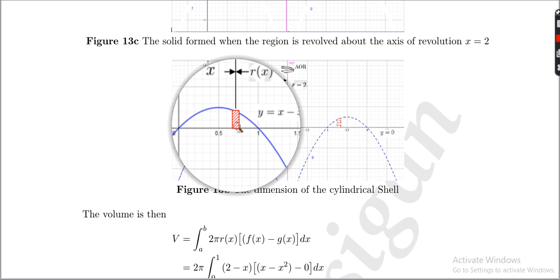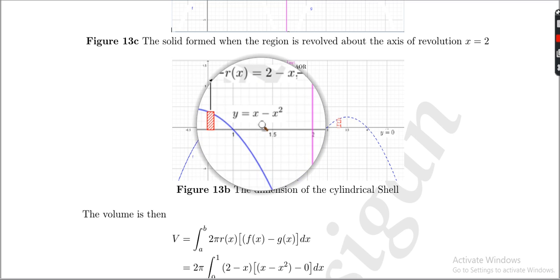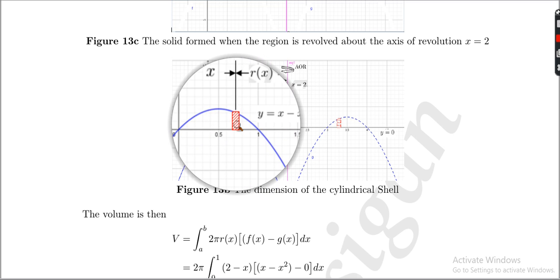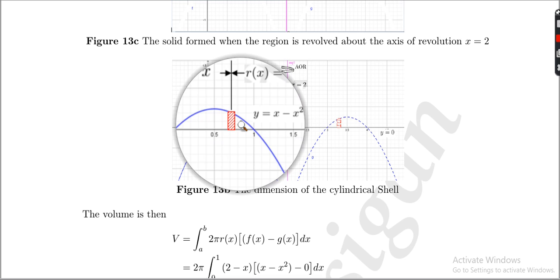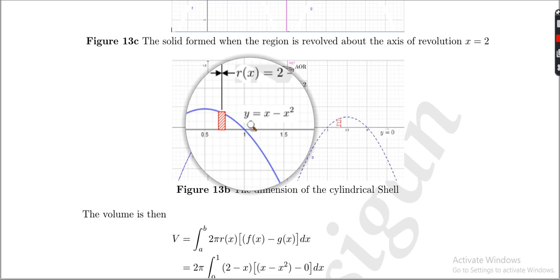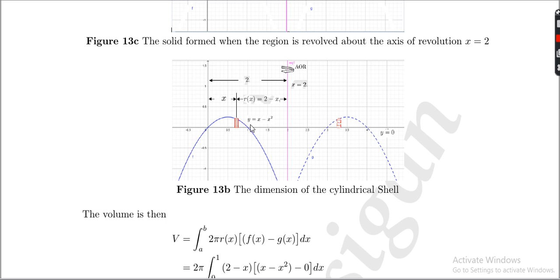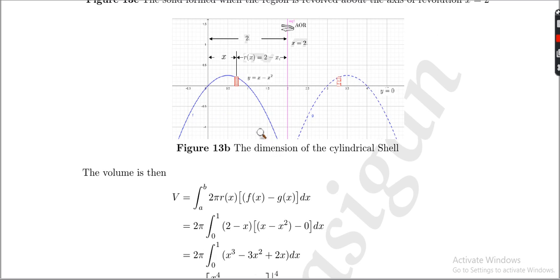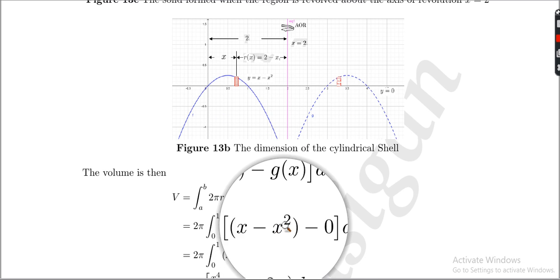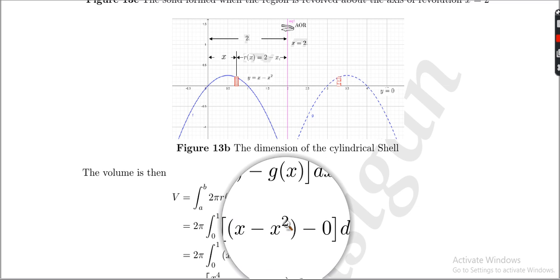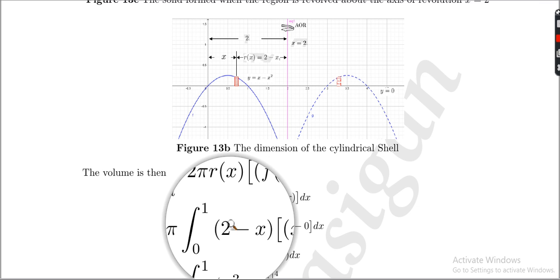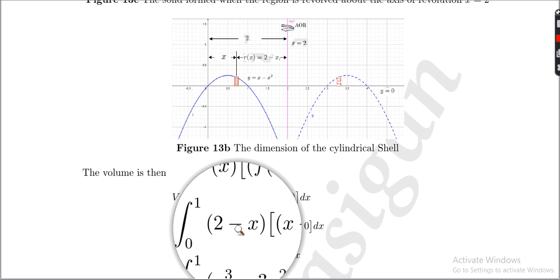And for the height of our cylindrical shell, that's the upper function or upper boundary, the parabola whose equation is y equals x minus x squared, minus the lower function, which is y equals 0. So f of x minus g of x is x minus x squared minus 0, and r of x is equal to 2 minus x.